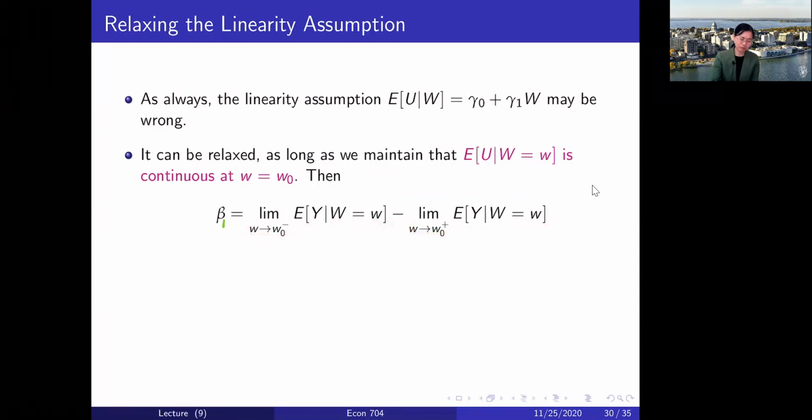So why so? That's because E[Y | W = w] equals beta 0 plus beta 1 times the indicator 1{W ≥ W0} plus E[U | W = w].